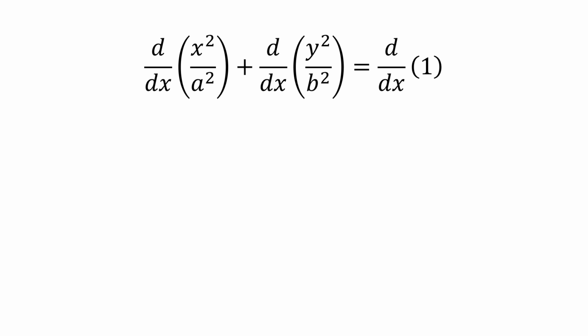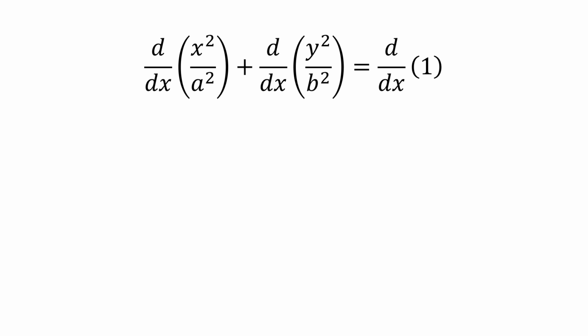Using these rules, our derivative is 2y over b squared times dy by dx. To differentiate the third function, we use the constant rule, which states that the derivative of a constant is 0. Therefore, the derivative of 1 is 0.